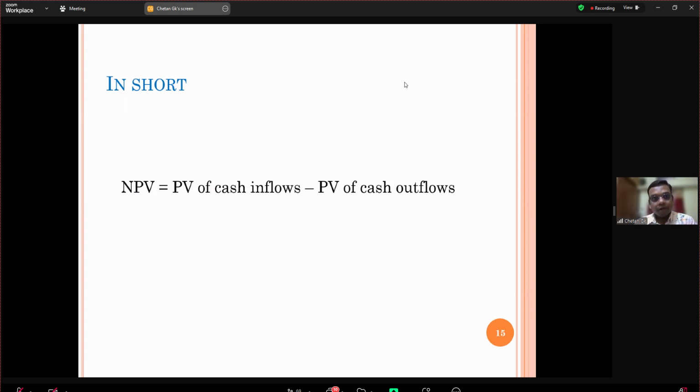Simple it is. So what if the NPV is negative? Negative means lesser than 0. NPV can be lesser than 0 or more than 0. If NPV is more than 0, positive NPV means you have to accept the project. Negative NPV means you have to reject the project. Is it clear?